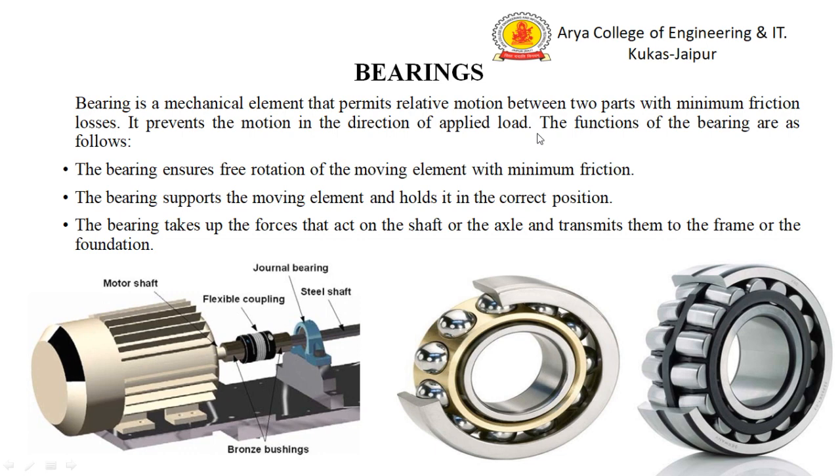The bearing also takes up the forces that act on the shaft or the axle and transmit them to the frame or the foundation. So these are some examples of the bearings. This is the plumber block bearing. This is the ball bearing, and this is a roller bearing.